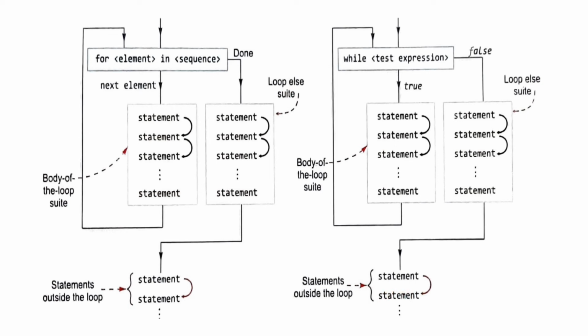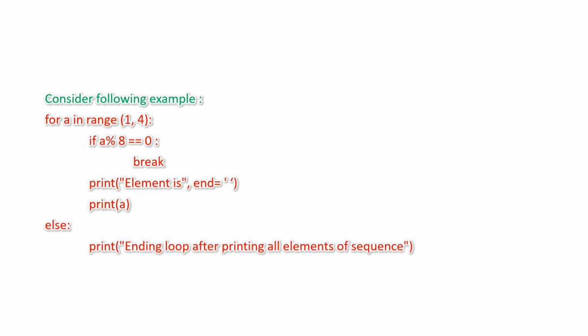In this program, a loop variable a will have the values 1, 2 and 3, and every time when a is divided by 8 and the remainder is 0, the break statement will execute.